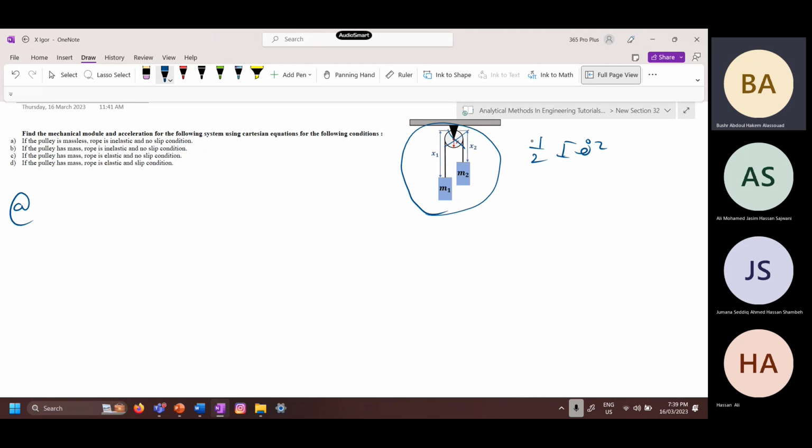And if the pulley is massless, then the inertia is equal to 0. Okay, you need to understand this, please. So the rotation is not going to be considered in part A. We're only going to consider the motion of the 2 masses.